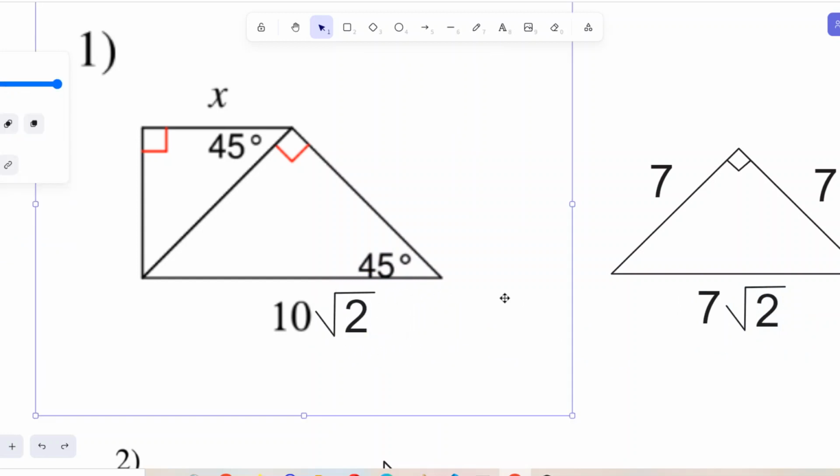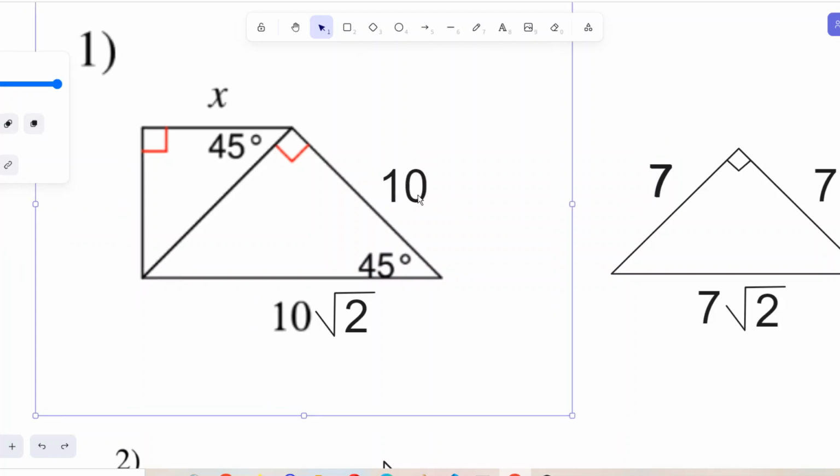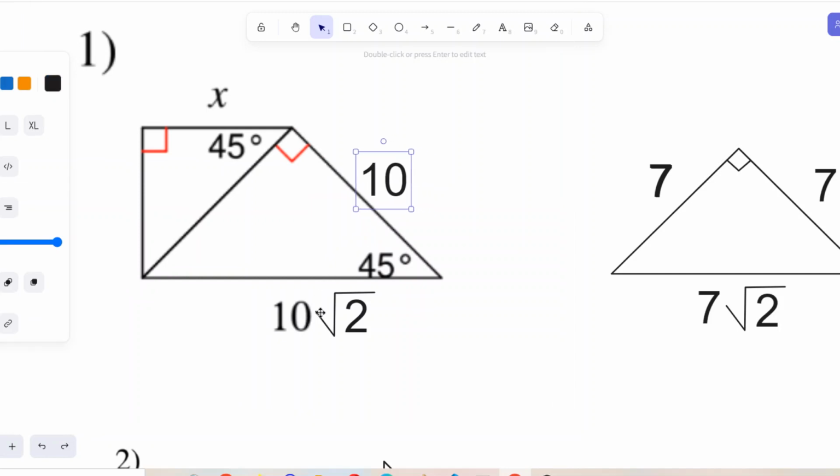We would say, okay, that's 10 square root of 2, so obviously this must just be 10, because we know the hypotenuse is something times root 2, and the side length is that something. So this would be 10, and this would be 10. That's not the case though. The case we have is just 10.